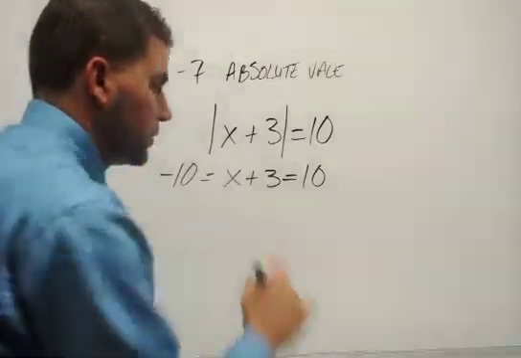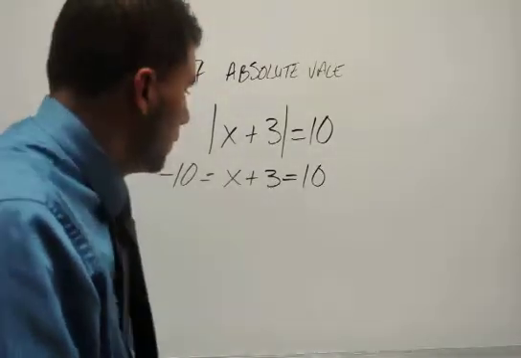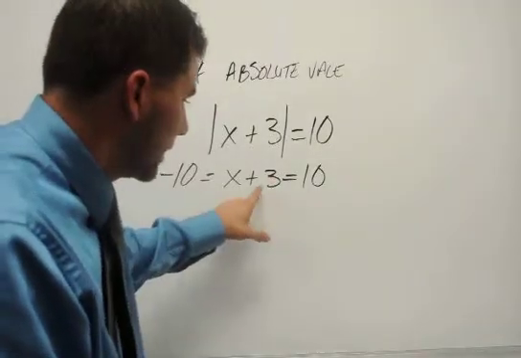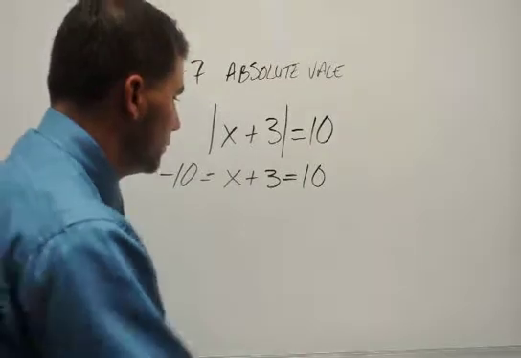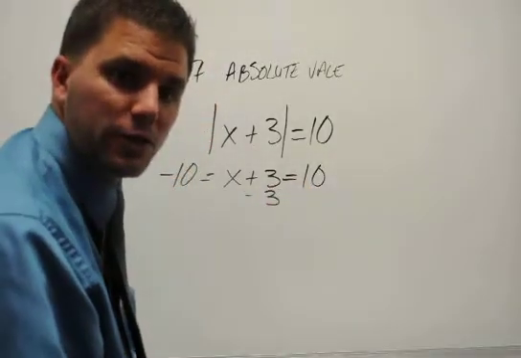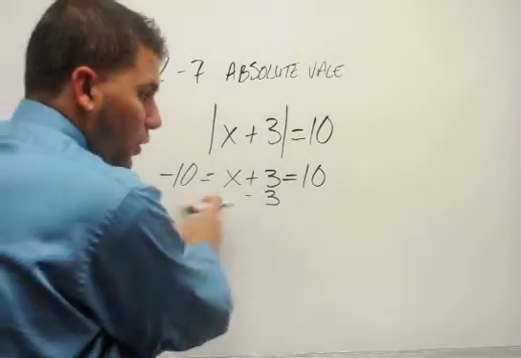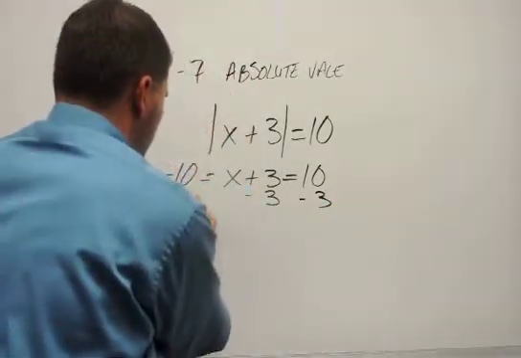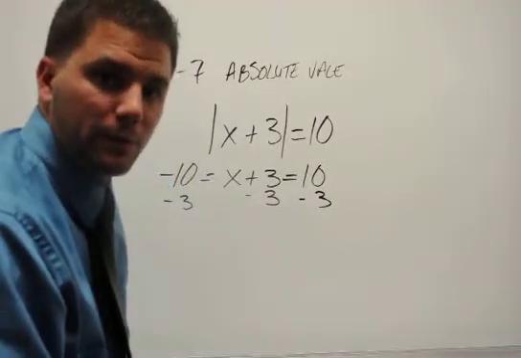Now, treat this like a two-step equation, only instead we have three sides that we're dealing with. So how can I get rid of a positive 3? I'll remove this using inverse operations of addition. I'm going to do this for all three sides of the equal sign.